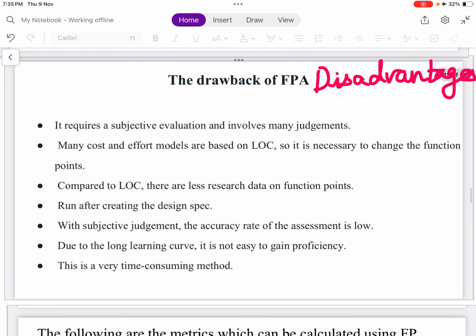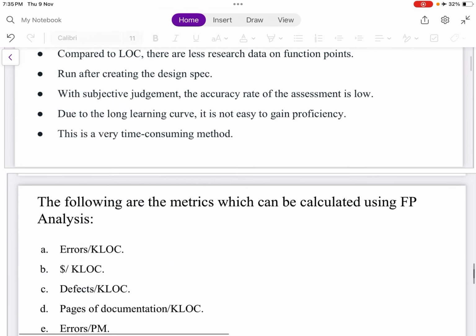Many cost and effort models are based on LOC, so it is necessary to change to function points. Compared to LOC, there is less research data on function points, run after creating design spec. With subjective judgment, the accuracy rate of assessment is low. Due to a long learning curve, it is not easy to gain proficiency. This is a very time consuming method.